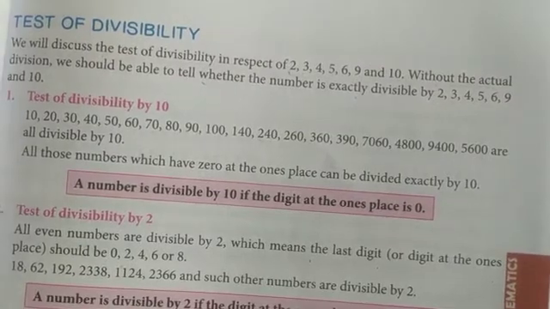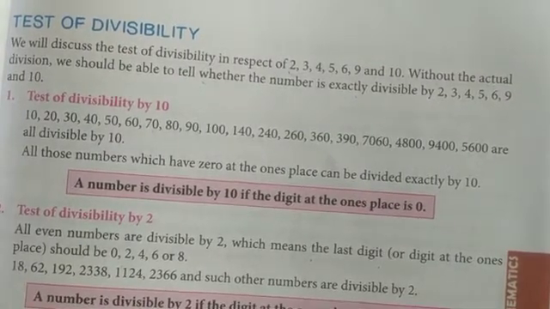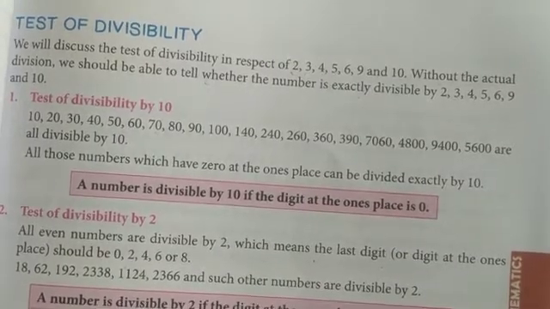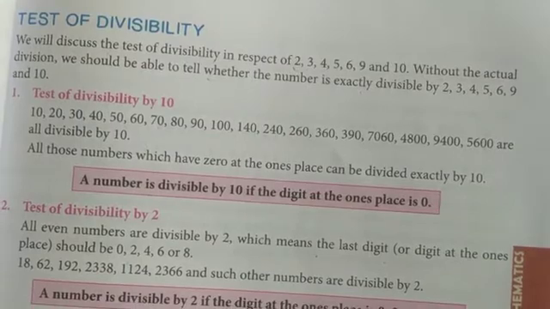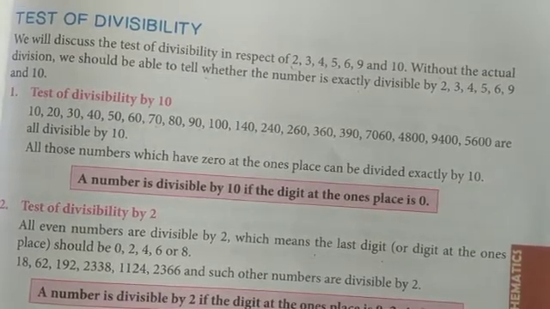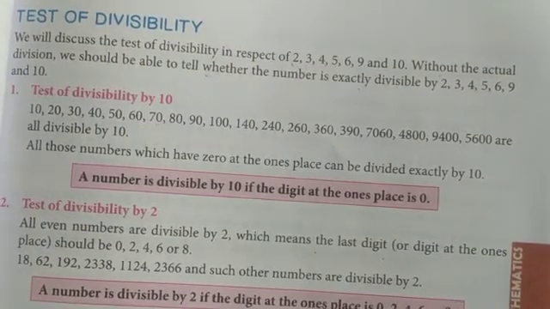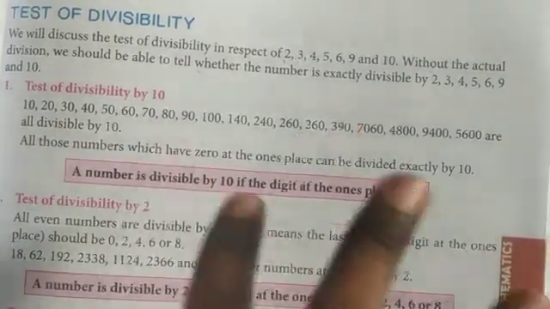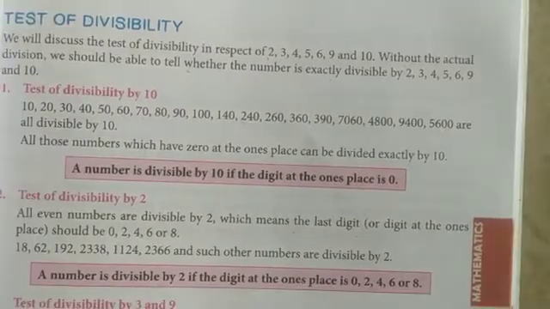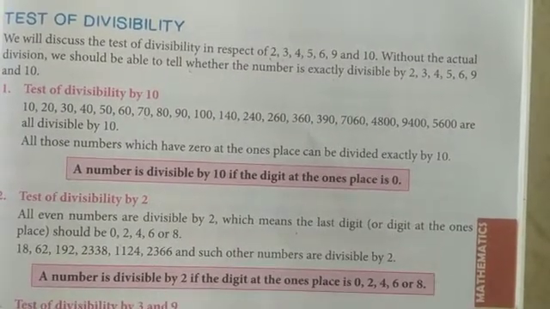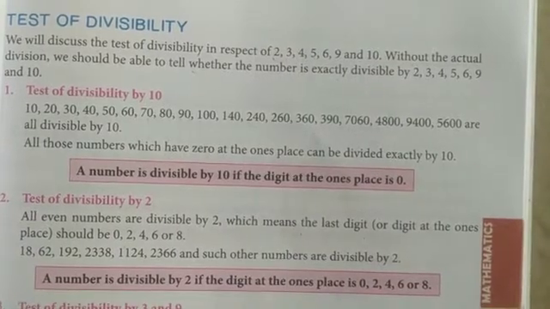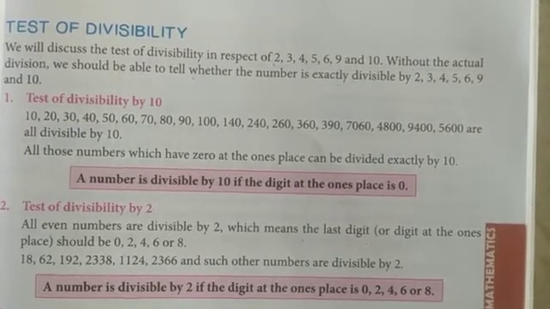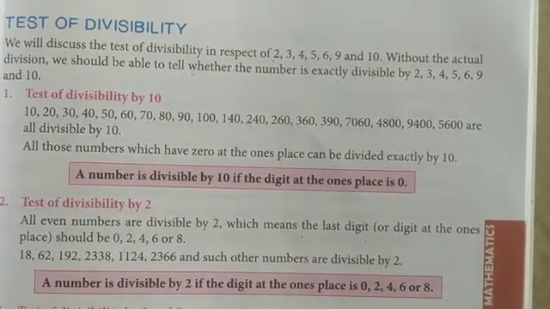We should be able to tell whether a number is exactly divisible by 2, 3, 4, 5, 6, 9 and 10 without the actual division.